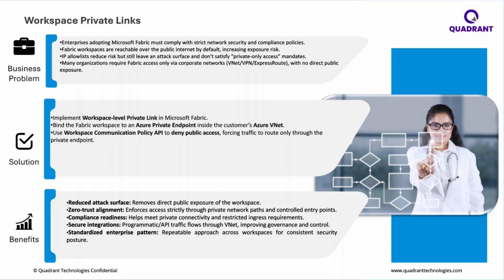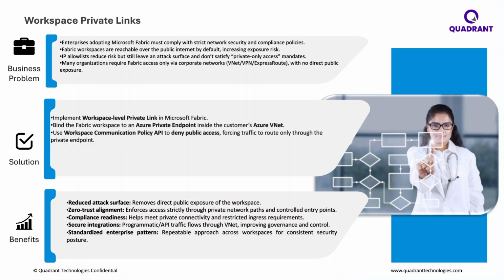So the solution is you can implement a workspace level private link in Microsoft Fabric, and you can bind the workspace to an Azure private endpoint inside the customer's Azure VNet itself, right? You need to explicitly create a private endpoint and then bind your workspace to it using private link services within Fabric.